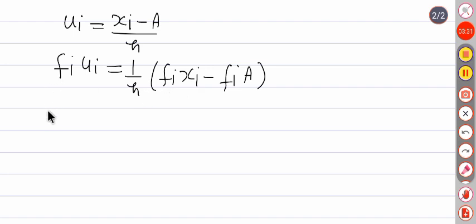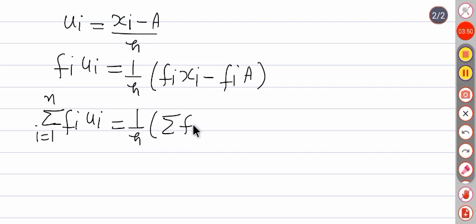Take the summation: summation of fi ui from i equal to 1 to n is equal to 1 upon h times summation of fi xi minus a, taking a out because it is a constant, times summation of fi.